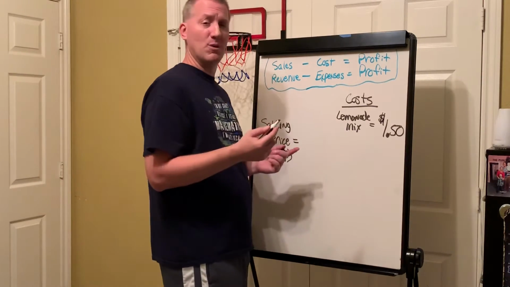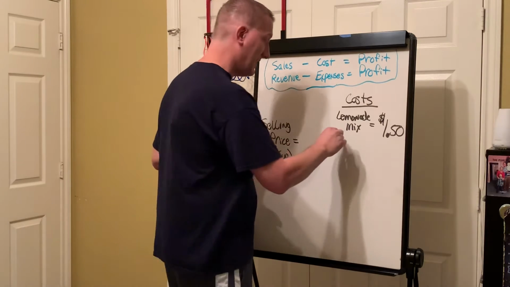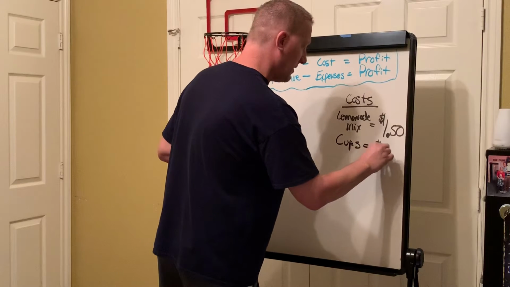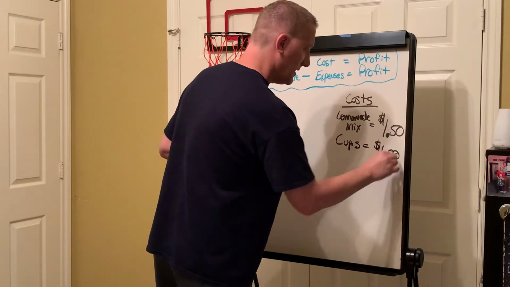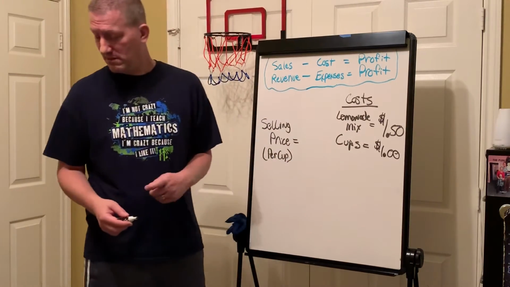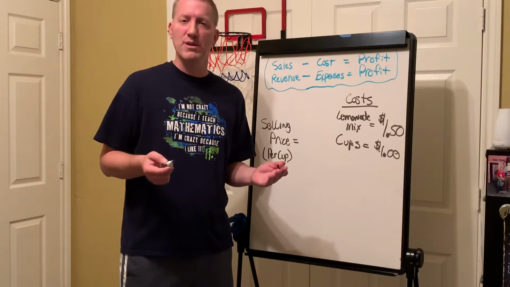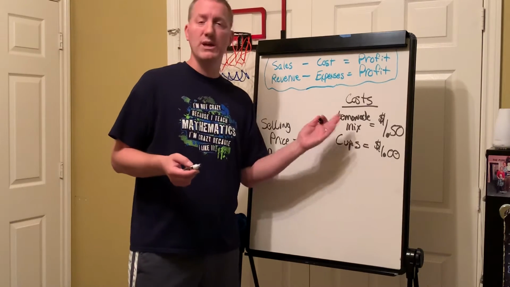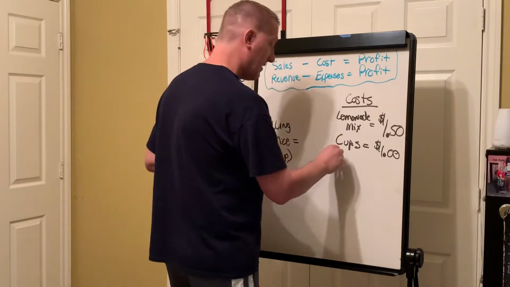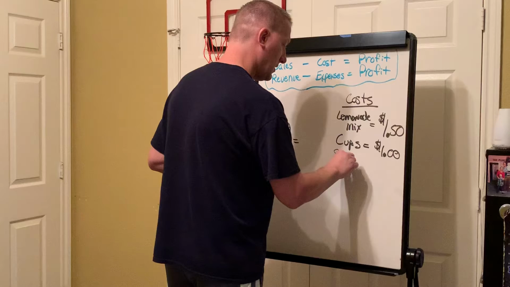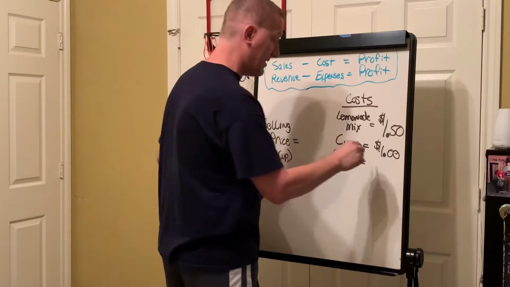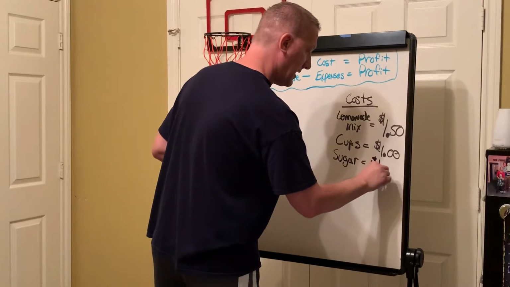Also, a cost would be cups. Let's say we can get a whole package of 50 cups for $1. We don't think we're going to have more than 50 customers, but if we do, we can always go down and buy some more cups. Then you probably need some sugar in your lemonade, so let's say the sugar is another $1.